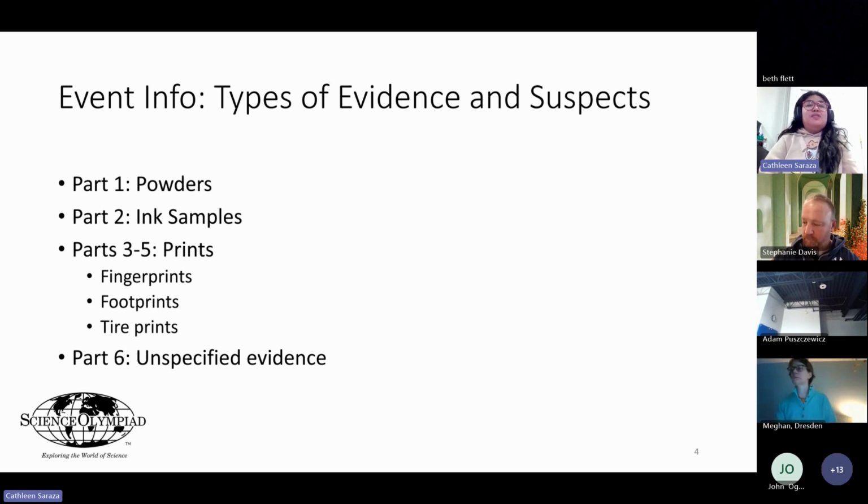Also, there are different kinds of prints that will be given to the students, which they have to match to those found at the crime scene. And there's also unspecified evidence, which is our wild card here. It will vary year to year and event to event. I'll go through all these parts in greater detail as we go through this presentation.